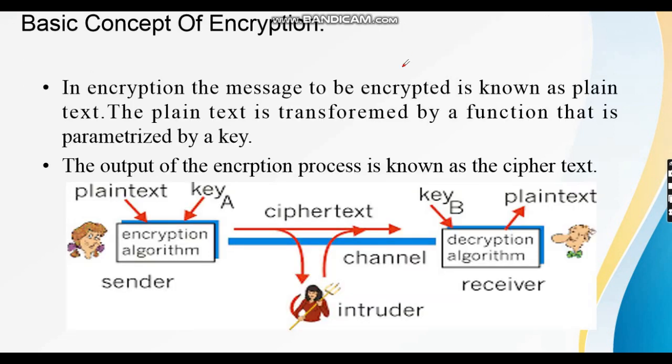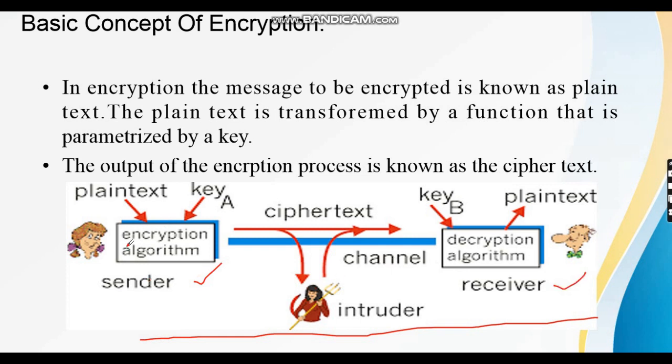In this example, the basic concept of encryption will be more clear to you. In encryption, the message to be encrypted is known as plain text. The plain text is transformed by a function that is parameterized by a key. The output of the encryption process is known as the ciphertext. This diagram is nothing but the encryption technique. Here you can see there is a sender and at the other side there is a receiver.